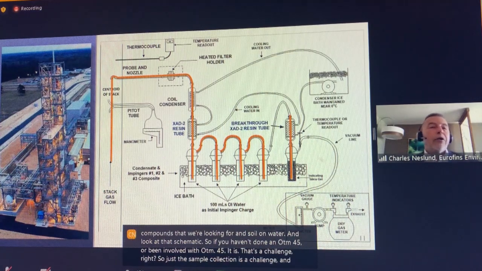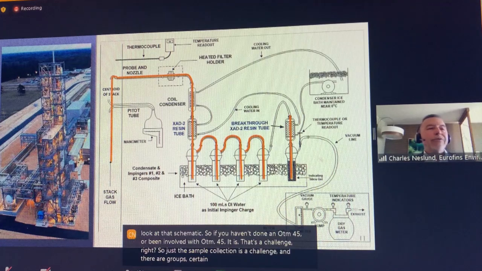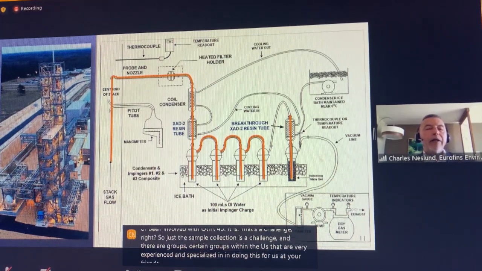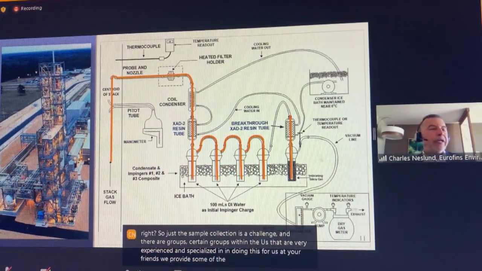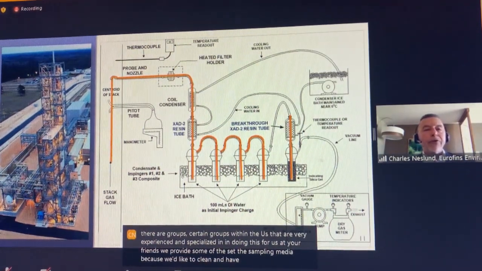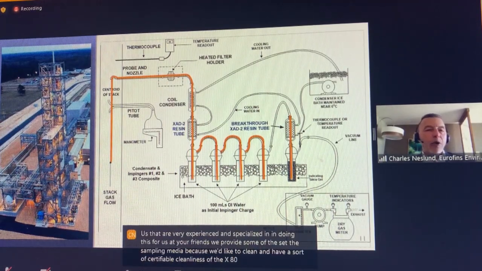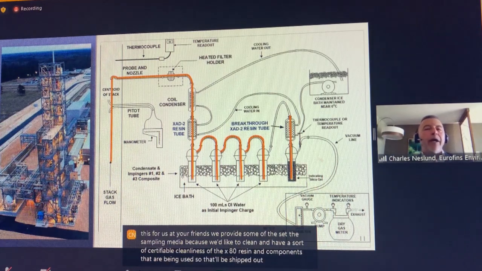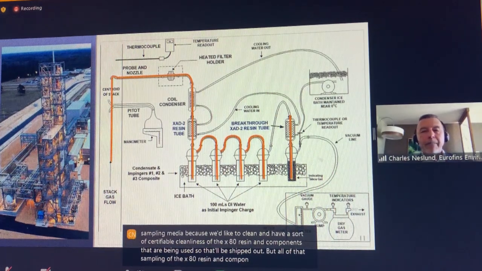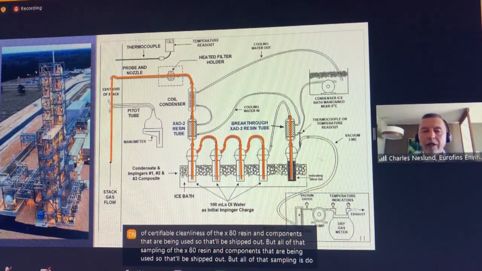And there are certain groups within the US that are very experienced and specialized in doing this. For us at Eurofins, we provide some of the sampling media because we like to clean and have a certifiable cleanliness of the XAD resin and components that are being used, so that'll be shipped out. But all of that sampling is done by experts in this field and area for the collection of this stack and emission gas.